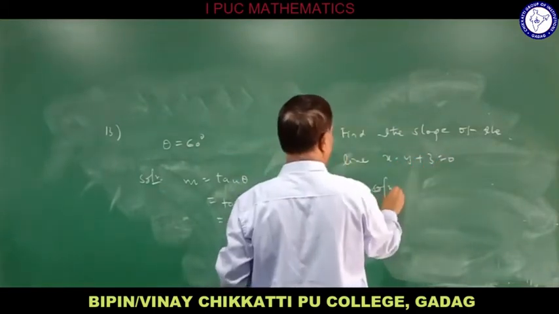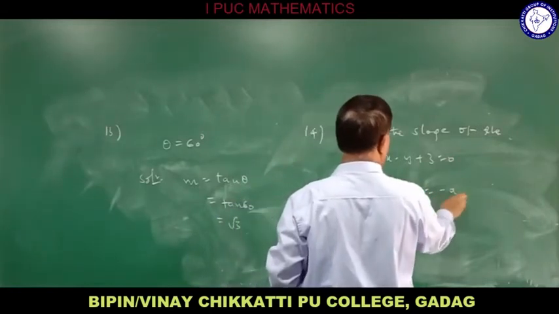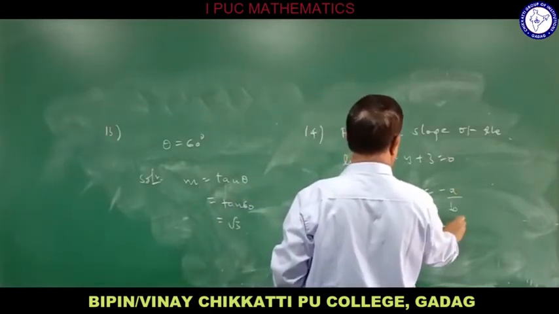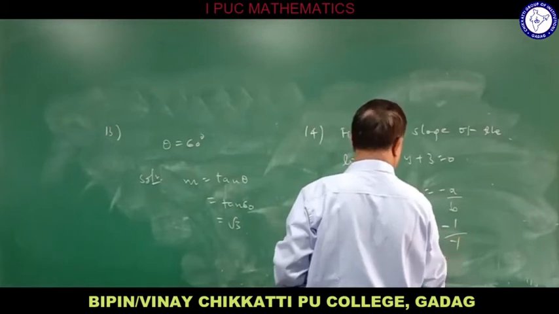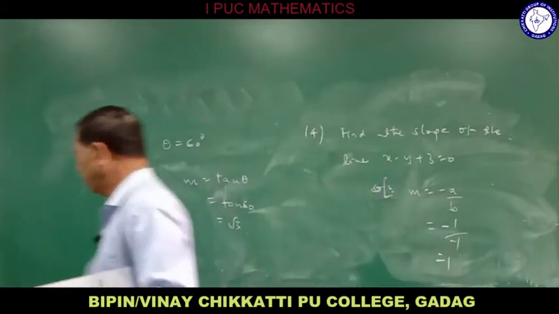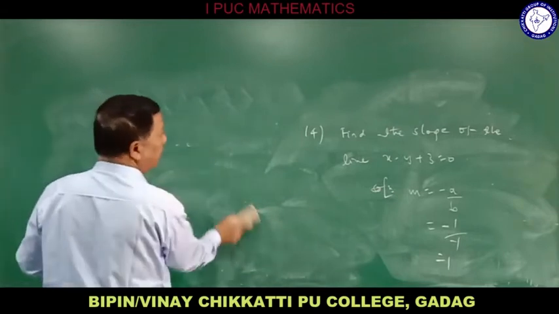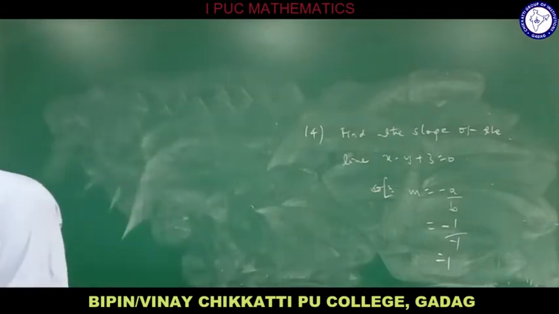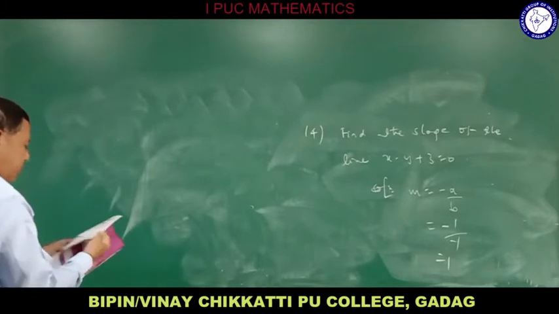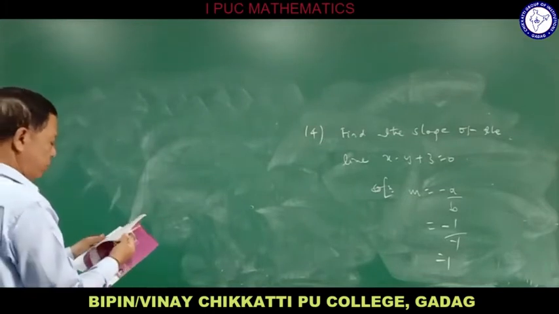The solution: m equal to minus a by b, minus a is minus 1, b is minus 1, so the answer is 1. This is the way we find the slope of the line when it is in the general form. So mock set 4 is over.